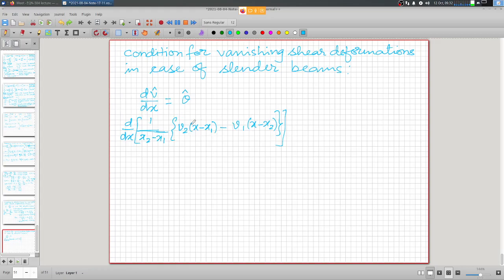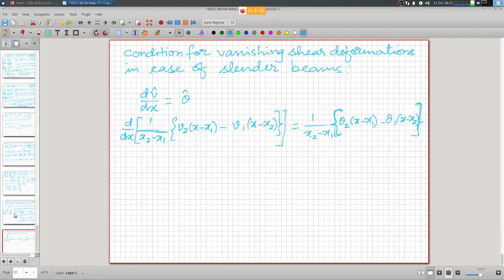This is v hat, right? The finite element approximation, and this should be equal to theta 2 (x minus x1) minus theta 1 (x minus x2).